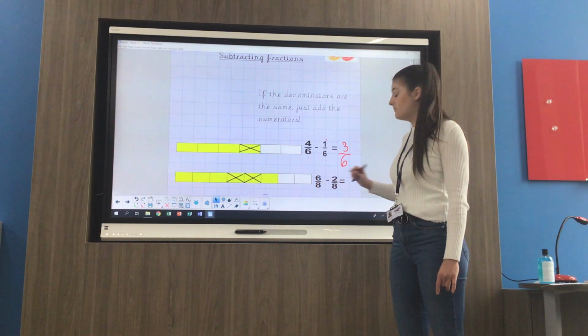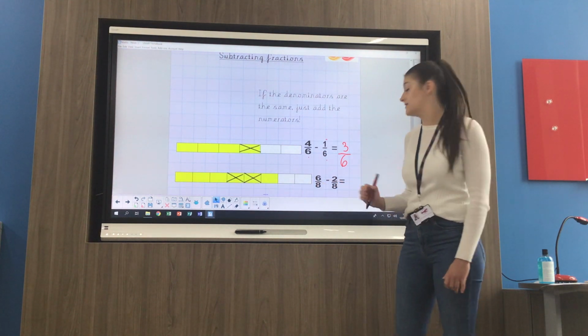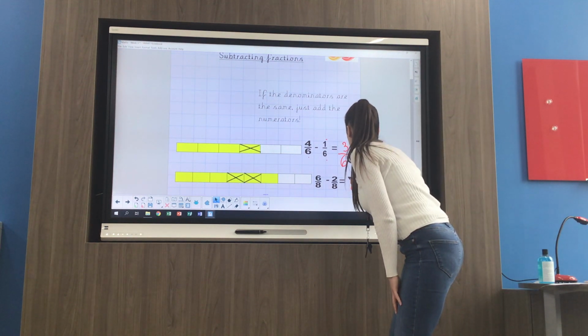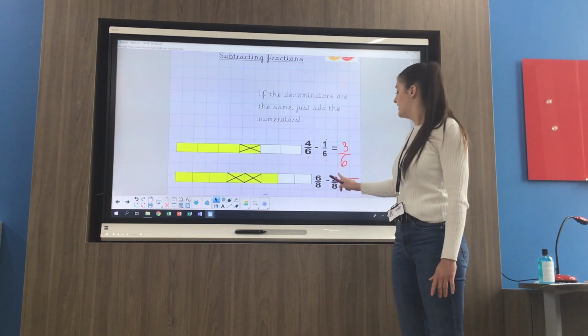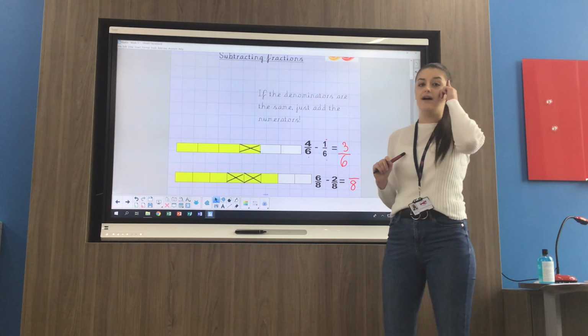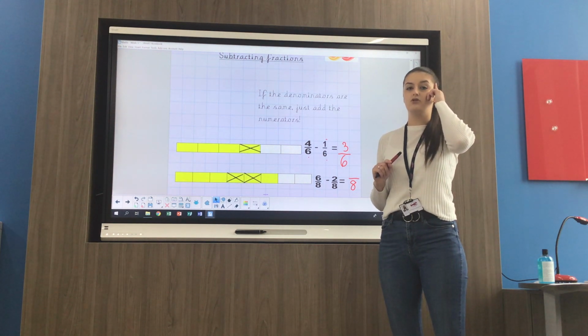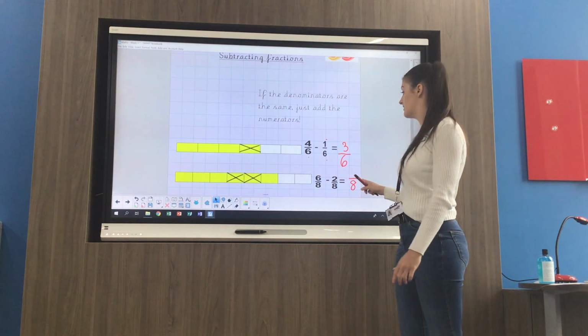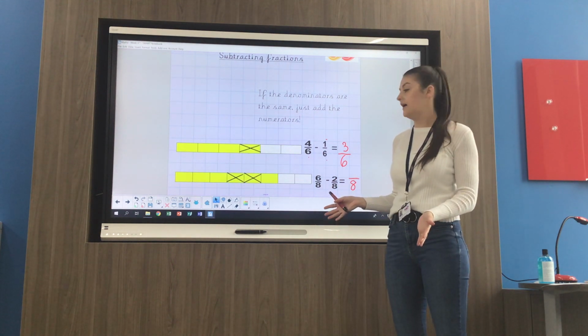Right, got 8s here. I've got 2 denominators that both are out of 8, so it needs to remain the same because it's stubborn. So I'm just looking at my numerators. Now in your head you might have just thought, oh, 6 take away 2, well that's 4, so it's 4/8. That's perfect, okay?